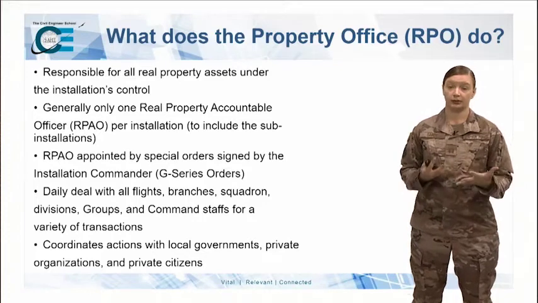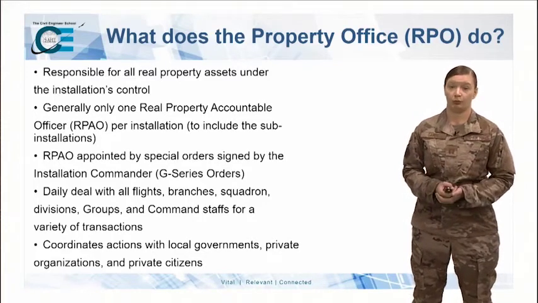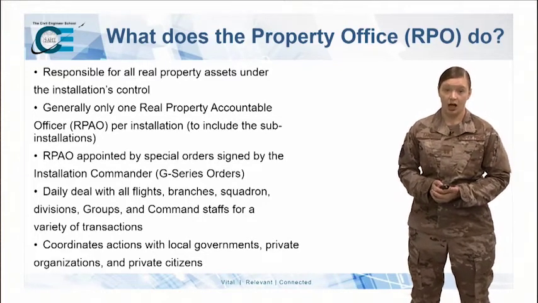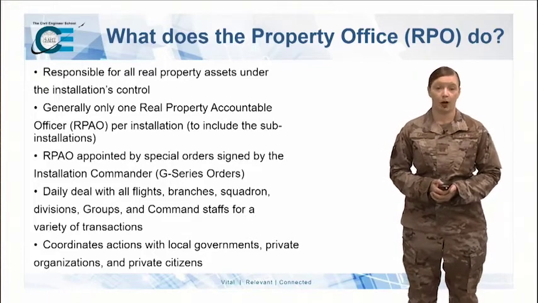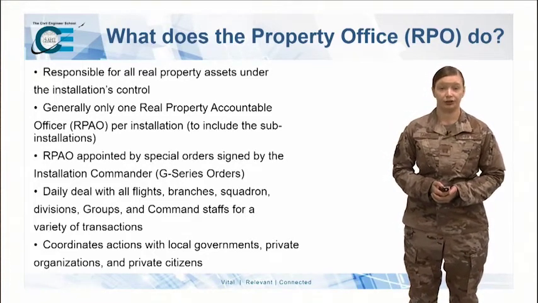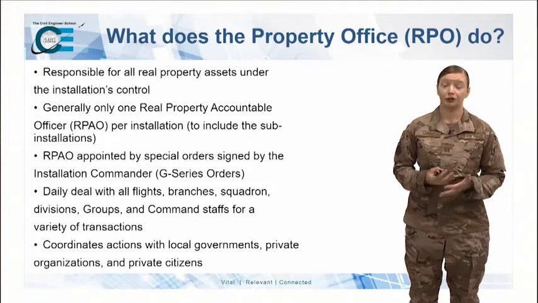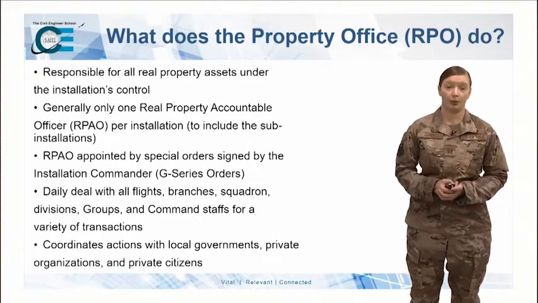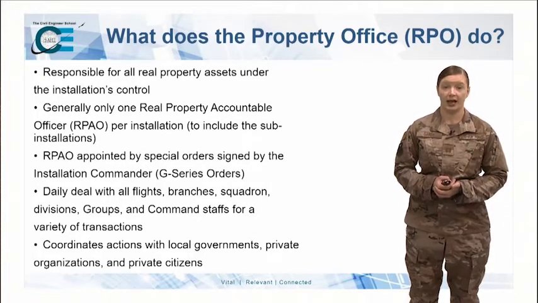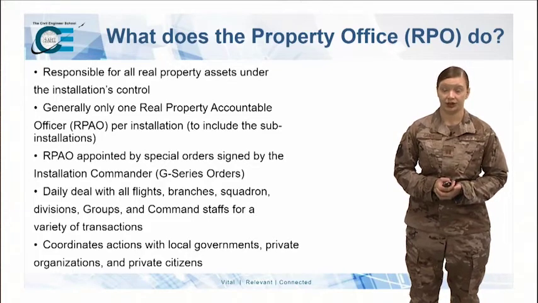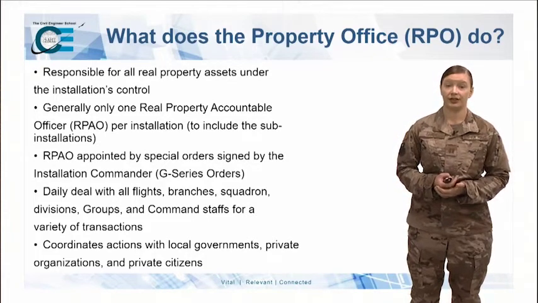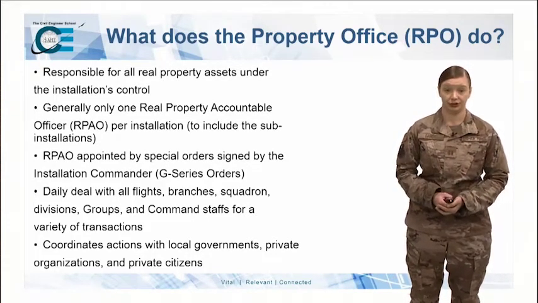So I want to talk a little bit about what the Real Property Office does. They're responsible for all real property assets under the installation's control. There's generally only one Real Property Accountable Officer, RPAO, per the installation. This includes sub-installations.